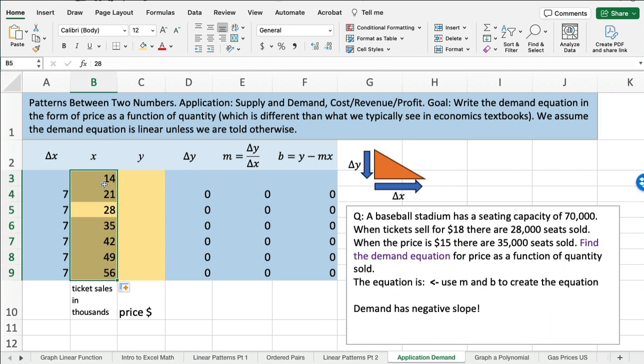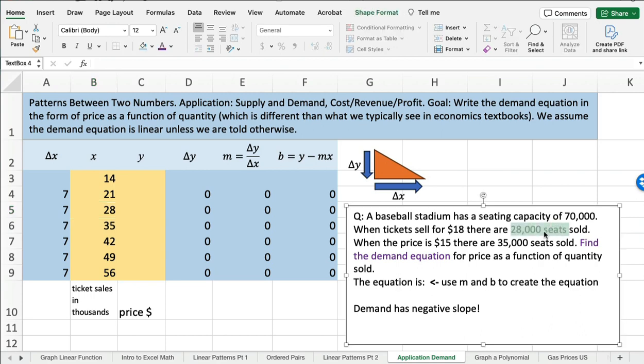All right, so now we have a bunch of values that we can use. Across from the 28, which is my 28,000 seats, that's x equals 28. What was the price at that level of sales? The price was 18.